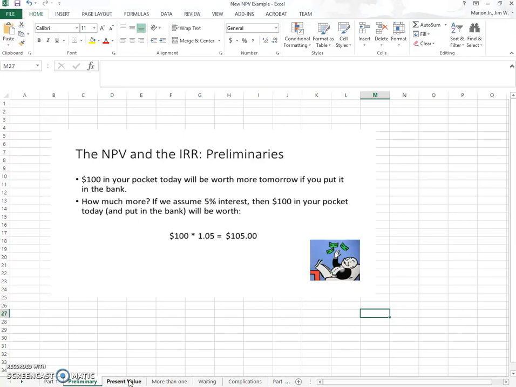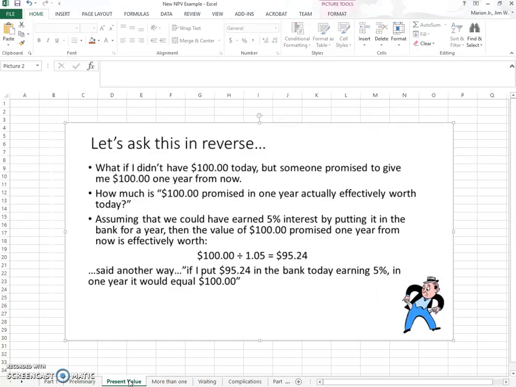What is a little more abstract is looking at this in reverse. What if you didn't have $100 today, but someone promised $100 a year from now? So we can ask the question, how much is $100 promised in 1 year actually effectively worth today? If we once again assume 5% interest, then we could just do the reverse of the previous equation. 100 divided by 1.05 equals 95.24.